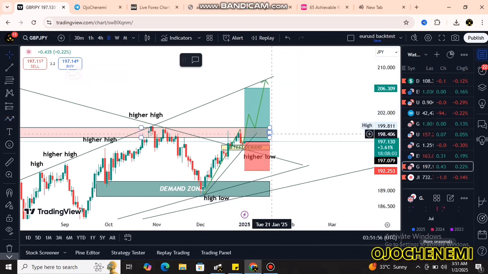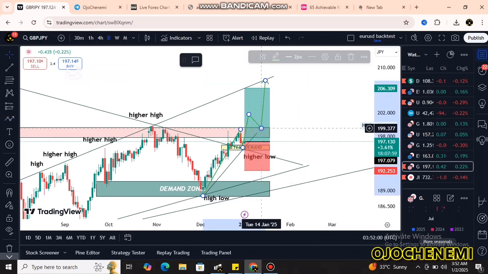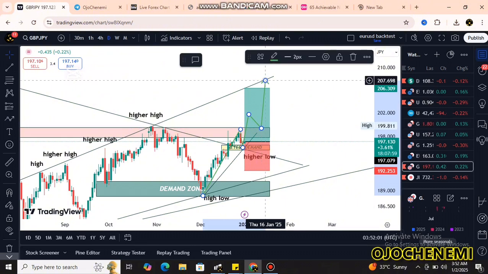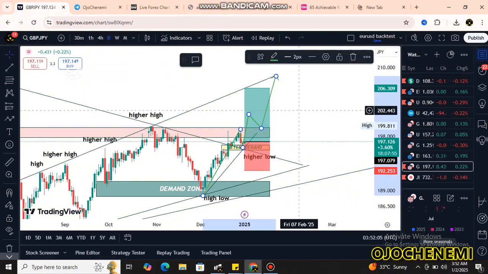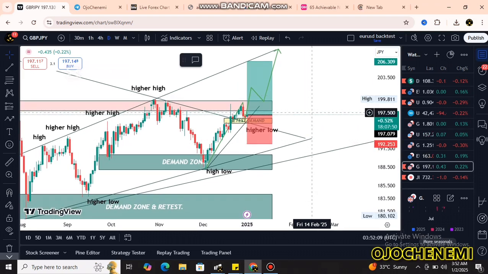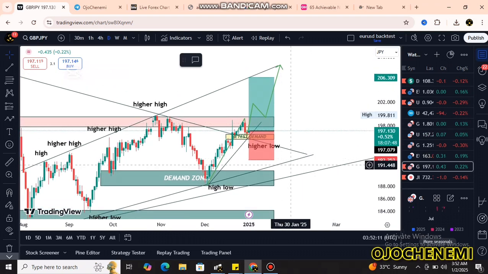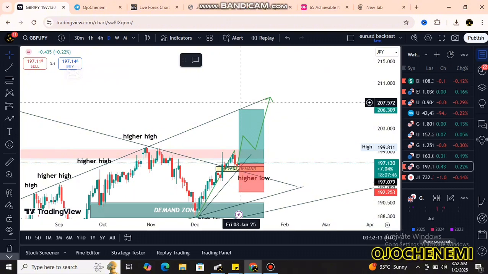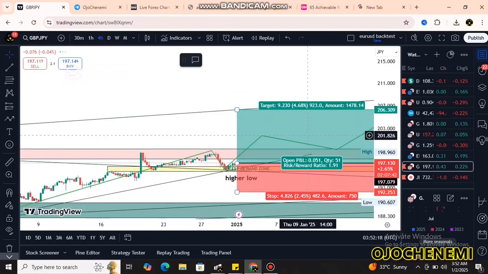I'm not going to wait. So after this push, you can see that there's a retest on this break. Anywhere it can come, it will still retest. So we are expecting this on the GBPJPY. This is what we are expecting right now.